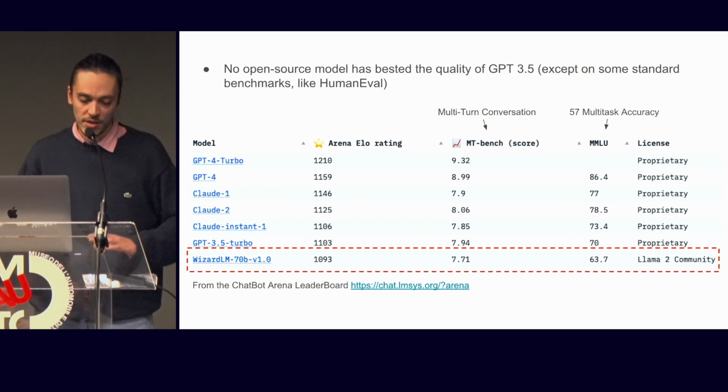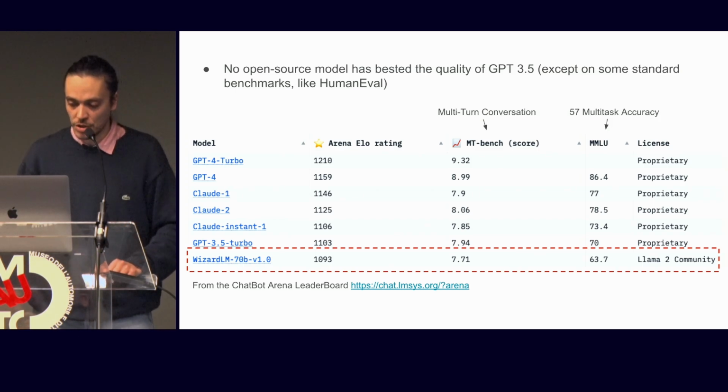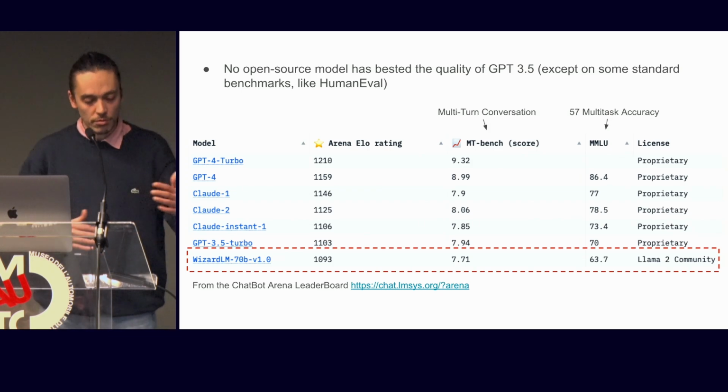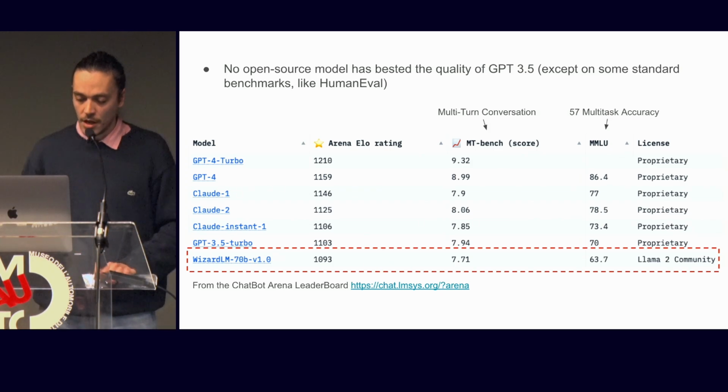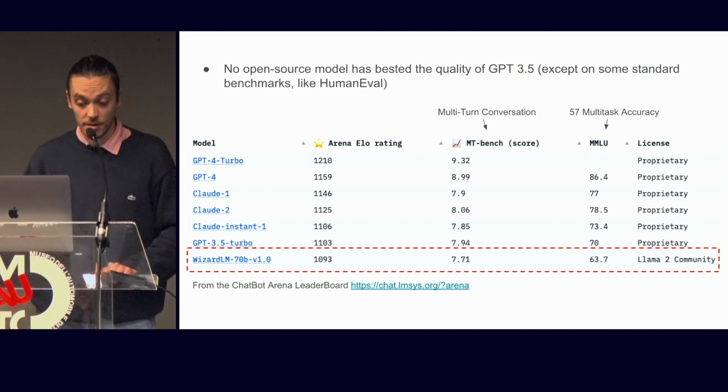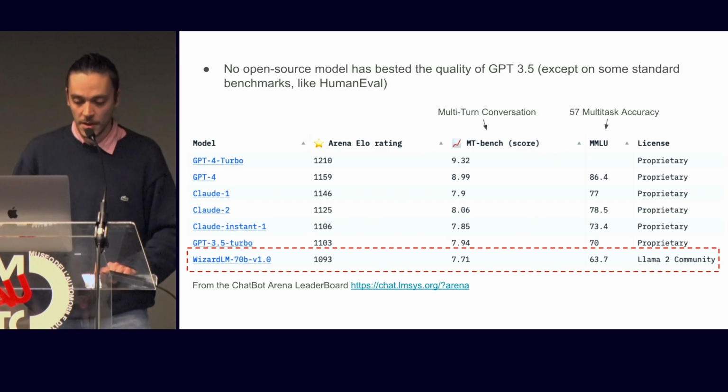And also more focused conversational benchmarks, like MT-Bench, the multi-turn conversation, so evaluation of chat-based results. We can see that the best open model is not even better than GPT-3.5.